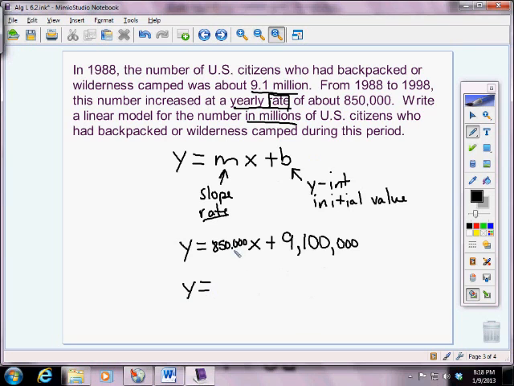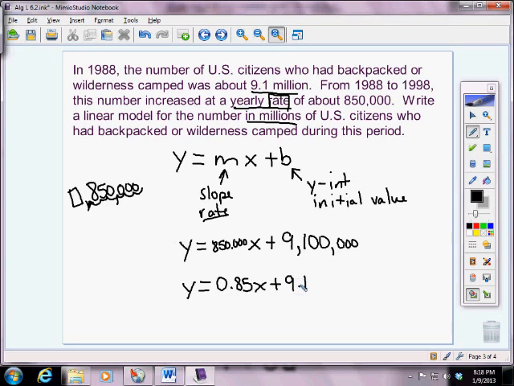How we want to do this is, if we had 850,000 and we want to write it in millions, remember the millionths number would be out here. So if we move our decimal point over, we would get 0.85 in millions times x plus 9.1.